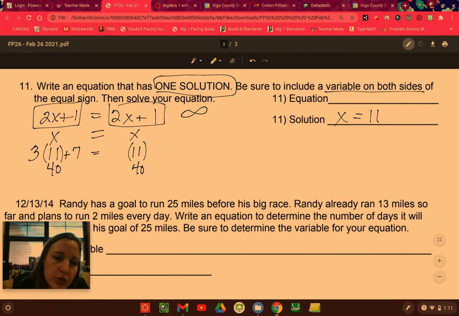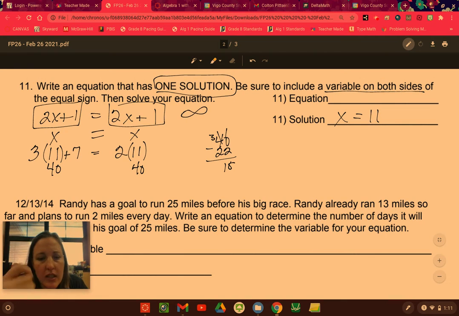11 times 2 is 22. What's 40 minus 22? Let's see. 3, 18. So that means plus 18. 22 plus 18 equals 40. Is that true?